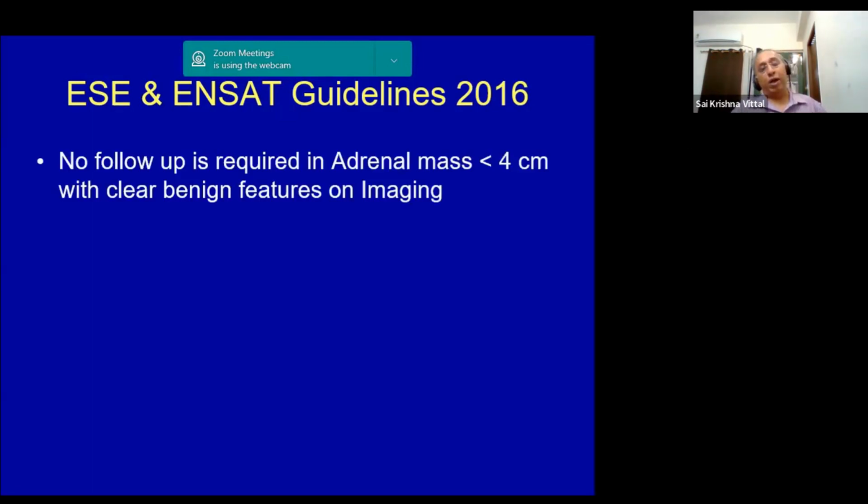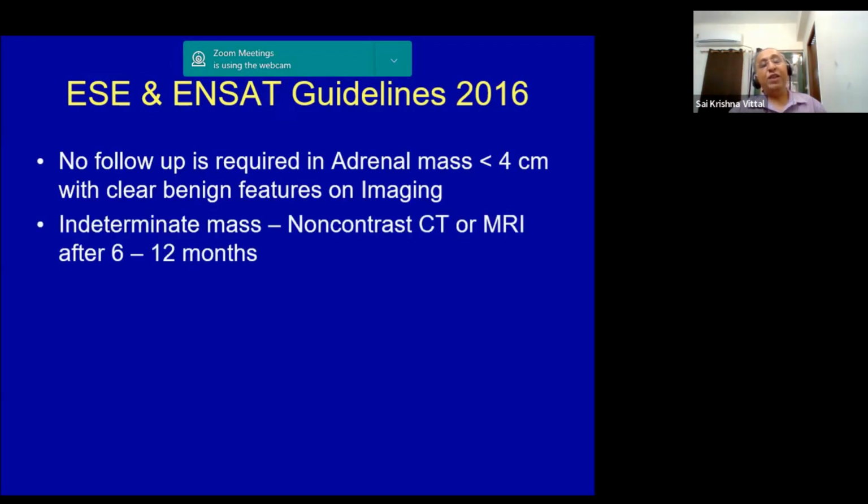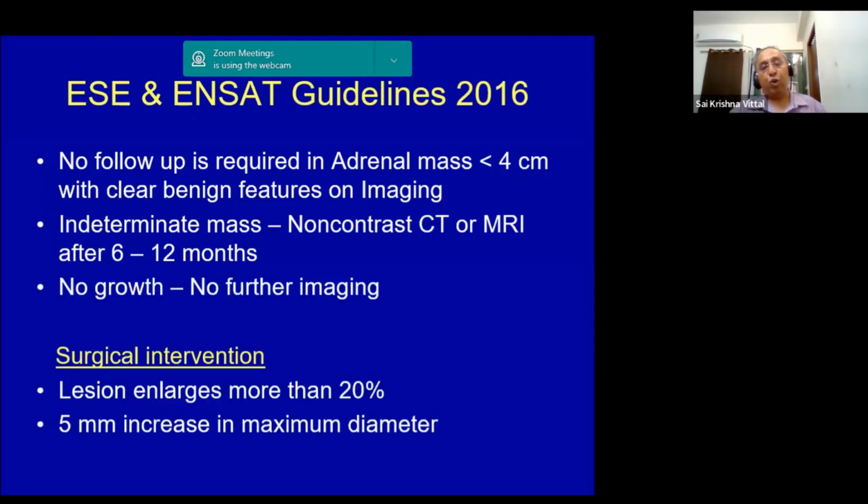According to them, no follow-up is required in an adrenal mass less than 4 centimeter when it is clearly benign on imaging. If it's an indeterminate mass, you will have to do a non-contrast CT or an MRI after 6 to 12 months.